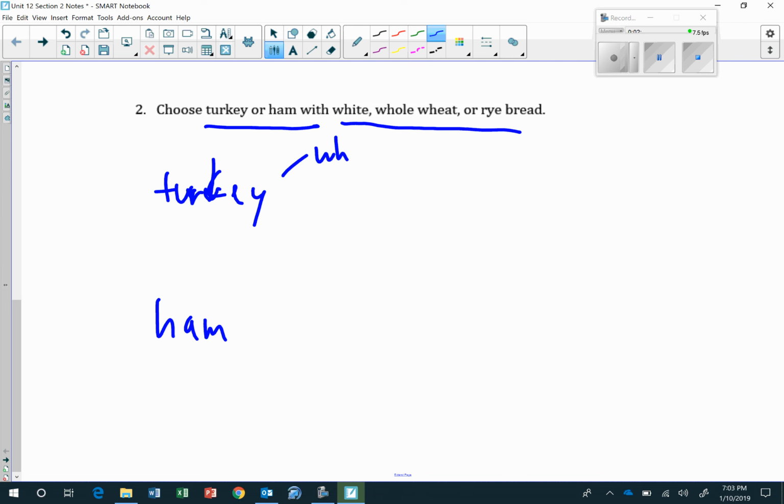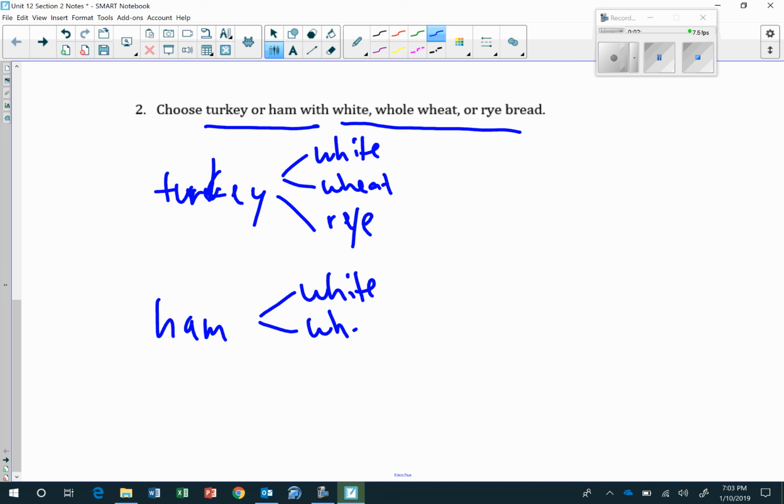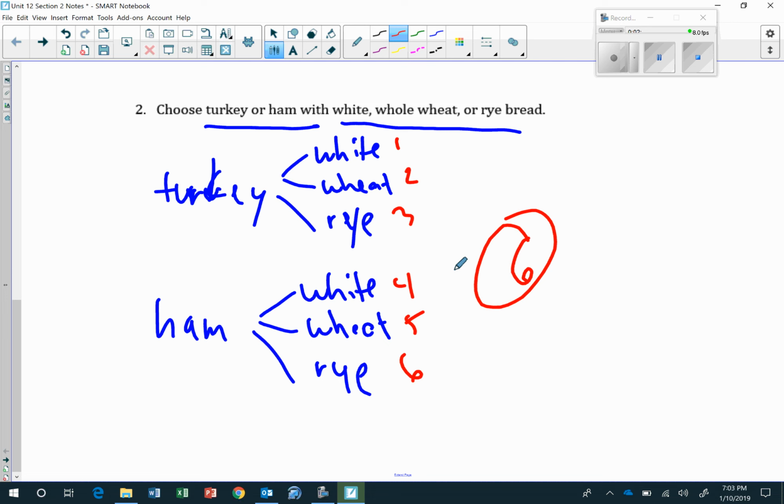So white, wheat, or rye. And then figure out how many possibilities we have. We just count over here. 1, 2, 3, 4, 5, 6. We have 6 possibilities. So that's one way to figure out how many possibilities you have.